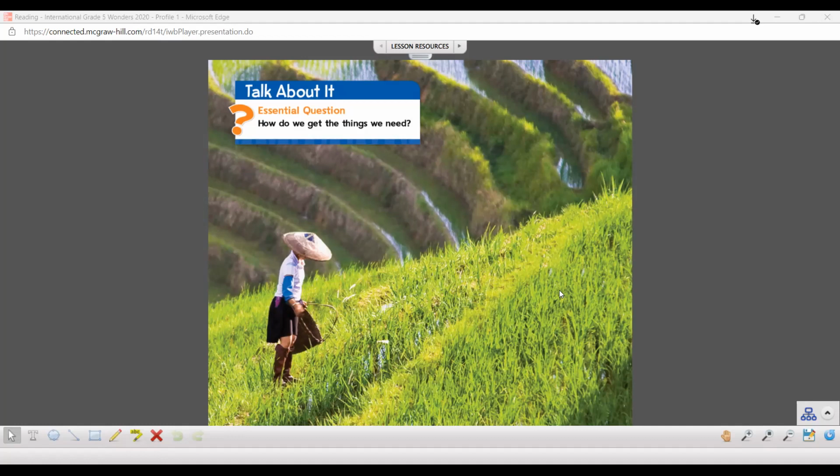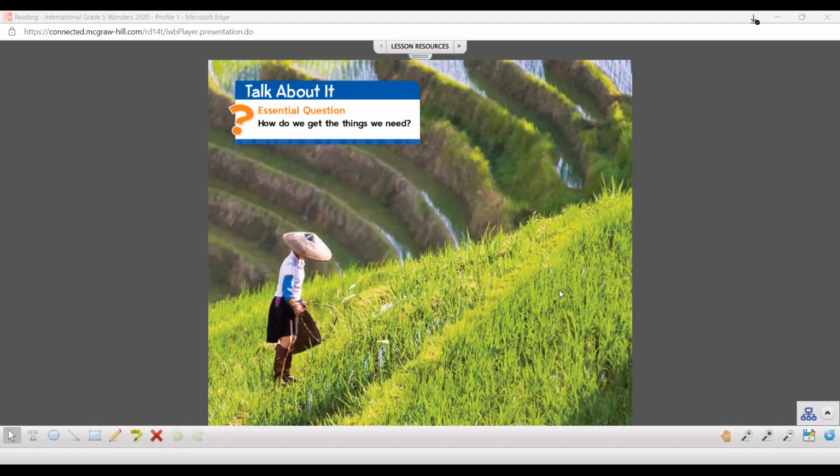So this woman is collecting rice because there are times when things are hard to find. Also, growing and harvesting is one of the ways we can meet our need for food.